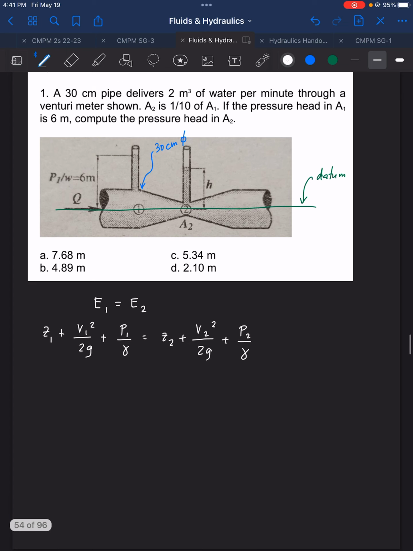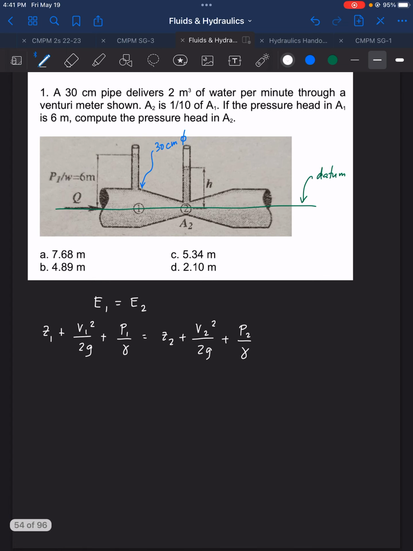From the figure, we can see that the pressure head at 1 is 6 meters. So we have the elevation head as 0, plus the velocity head, plus the pressure head at point 1, which is 6 meters.